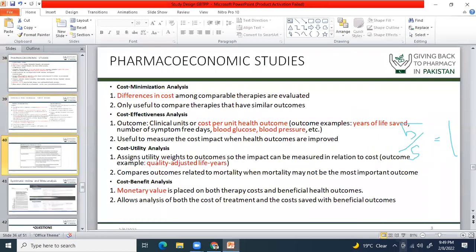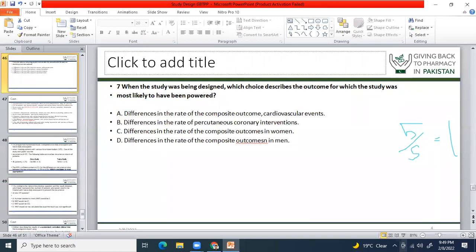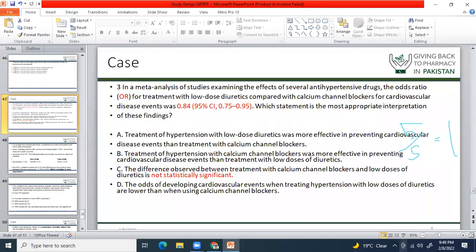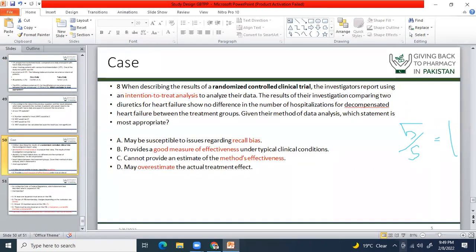Tell me. Yes, it will go with B, not with D, because it does not overestimate. It underestimates.